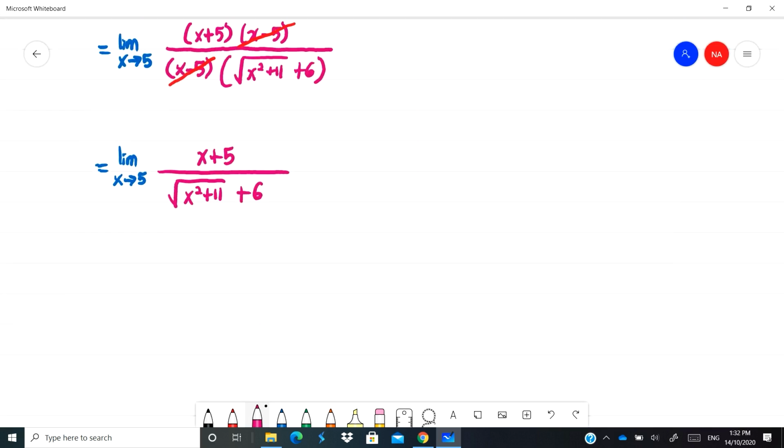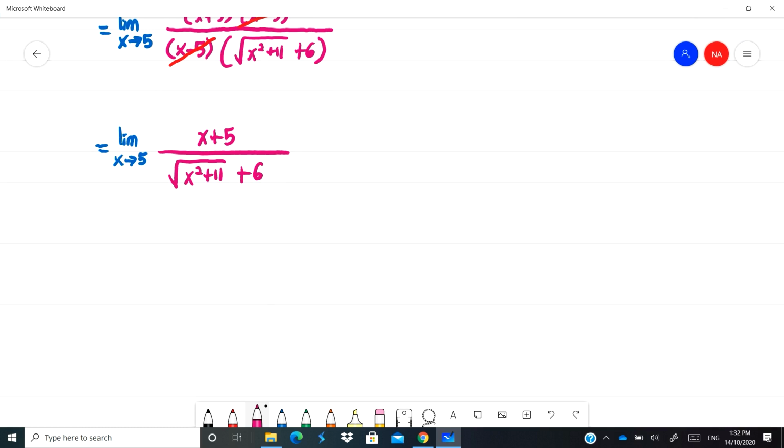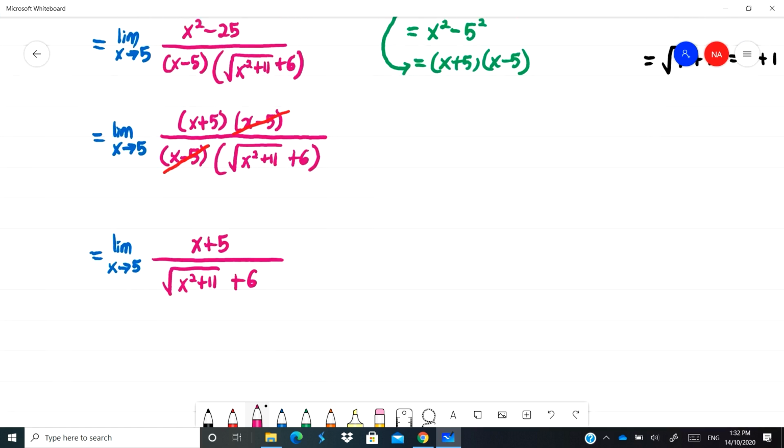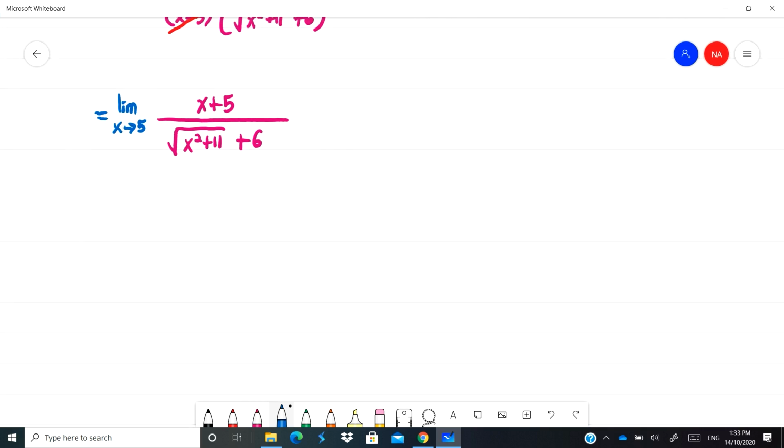What we need to do is try to substitute the value of x with 5. Substituting the value of x with 5, we have 5 plus 5 over the square root of 5 squared plus 11, plus 6.